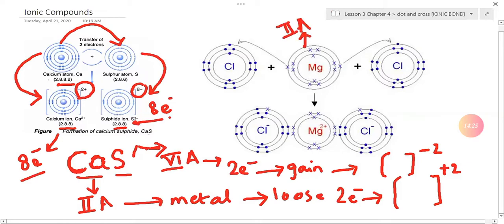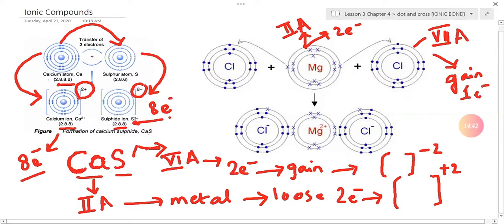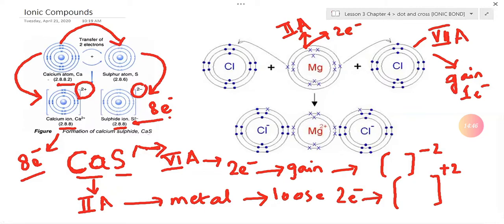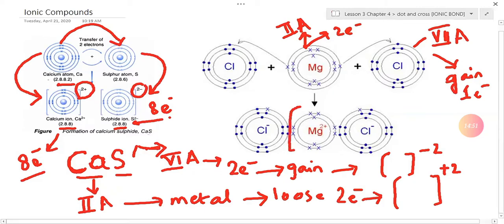Let's talk about magnesium. Magnesium belongs to group 2A. Chlorine belongs to 7A. So magnesium is a metal, and it will lose 2 electrons from the last shell, whereas chlorine is a non-metal, and it needs to gain 1 electron. So there is now a difference. The loss of electrons is 2, the gain is 1. So we need to balance the net loss of electrons and the net gain of electrons.